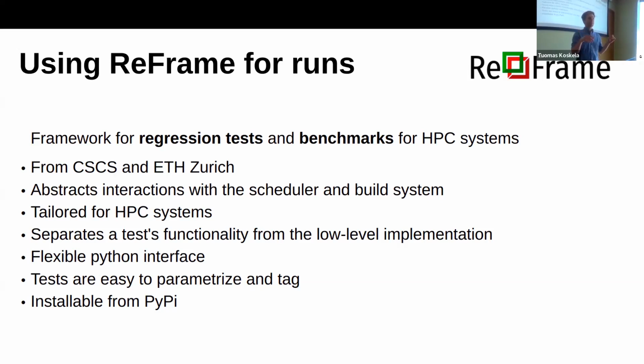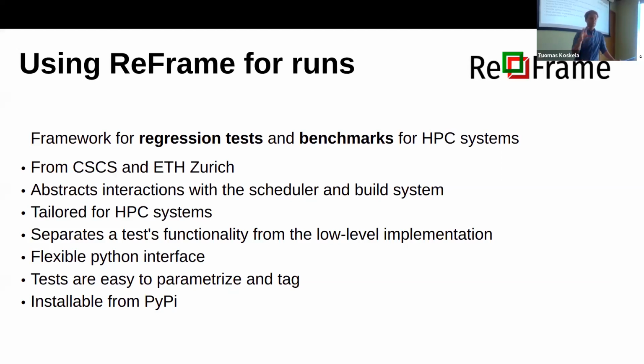So you write a Python class, there's a few steps you have to define, and then ReFrame internally knows how to generate the build scripts and job scripts for the scheduler, how to launch the job, how to collect the output, and so on. So it's very tailored for HPC systems, which is a good thing.